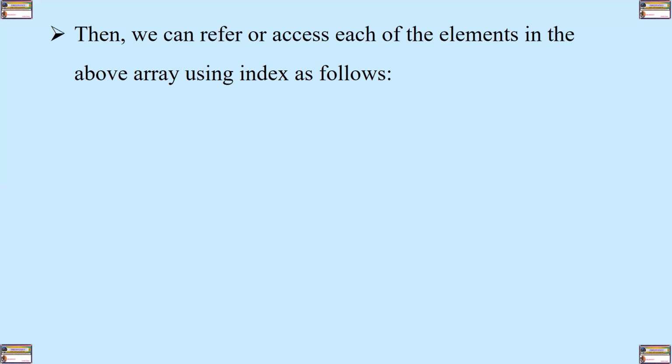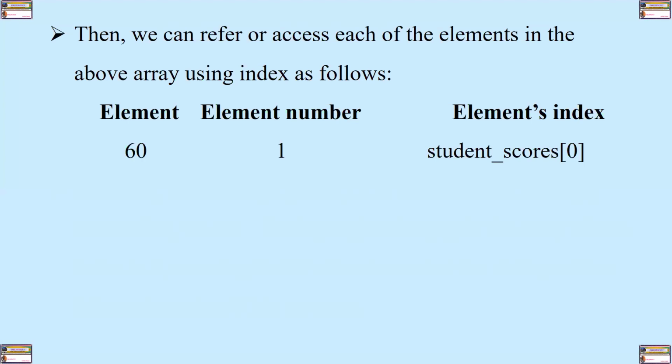So we can refer or access each of the elements in the above array using index as follows. 60 is element number 1. So note, the element's index is identified using two things: the name of the array in which that element belongs and its index in that array.